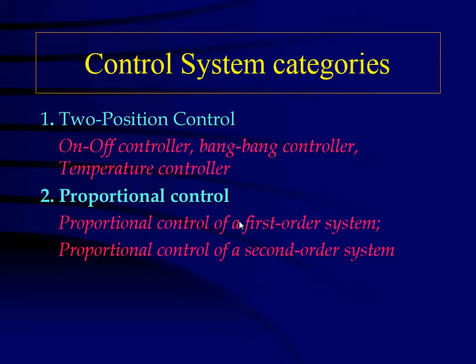So right here in one slide, you have all these kinds of control systems, and we need to go one by one, studying each one of these and what each one does. So I will be giving you some examples of each one of these controls. For example, a two-position control system.